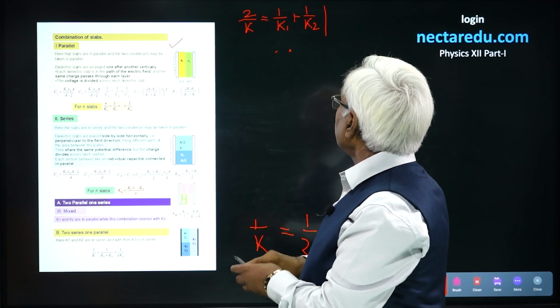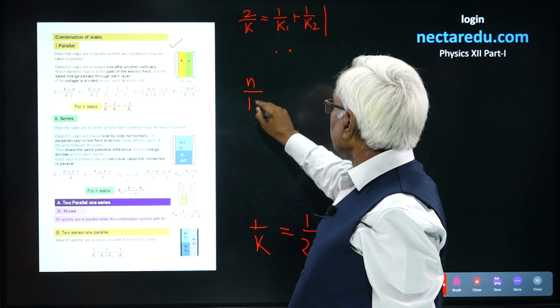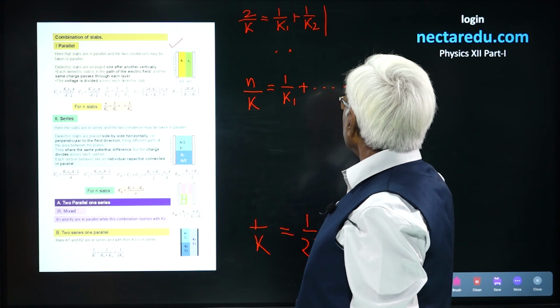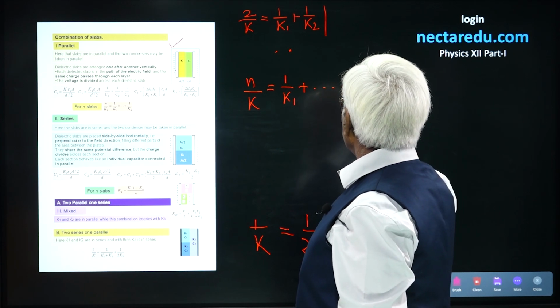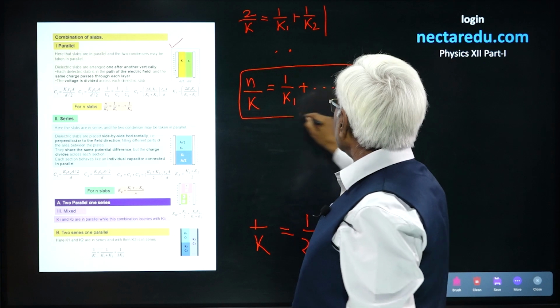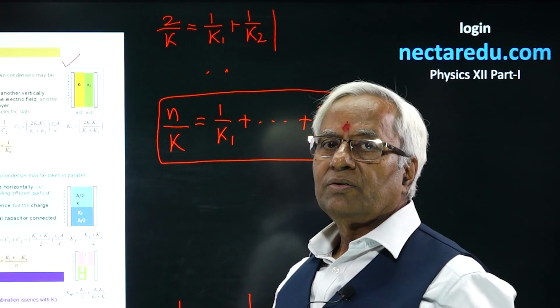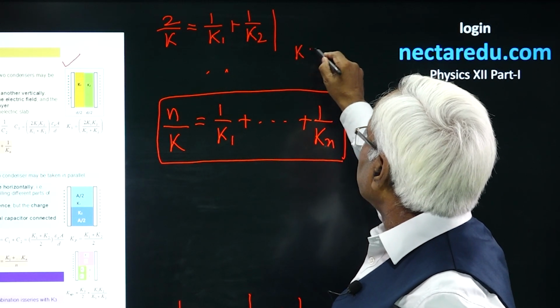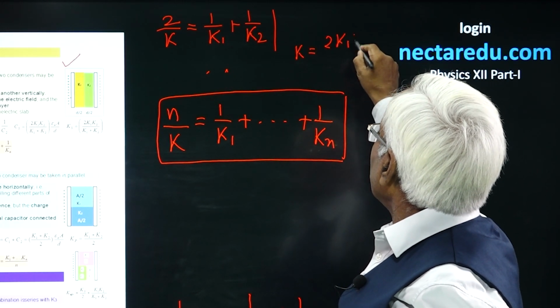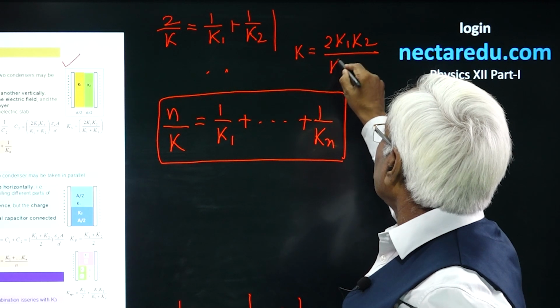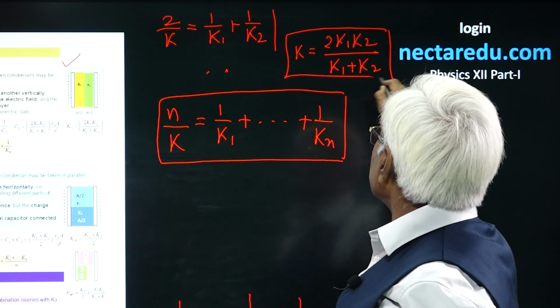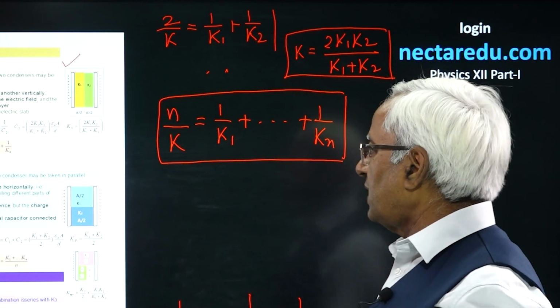In that case, n over K equals 1 upon K1 and so on up to the nth term. Suppose you have only 2, then K becomes equal to 2K1K2 upon K1 plus K2. This was the parallel combination of the slabs.